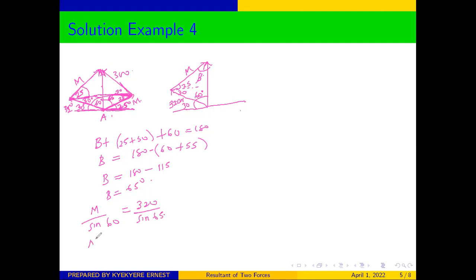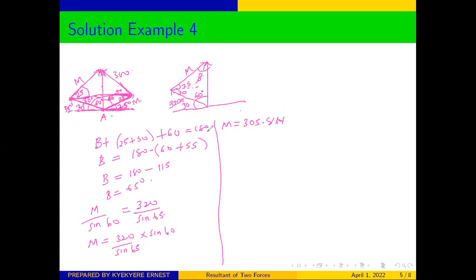And from here, our M will be equal to 320 over sine 65 times sine 60. And from here, we can say that our M will be equal to 305.8 newtons.